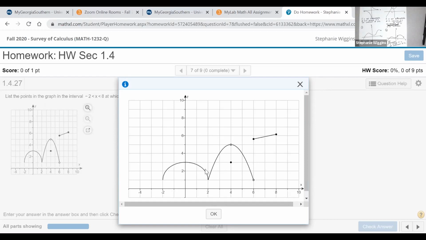It's smooth and continuous, but then right there we have a point. It's not smooth. So it's not differentiable at 2. And then we're going along, we're doing just fine. But then we get here to this hole, so that's not differentiable at 4. And then you're coming along here, you're just fine until you have a break there. So it's not differentiable at 6.